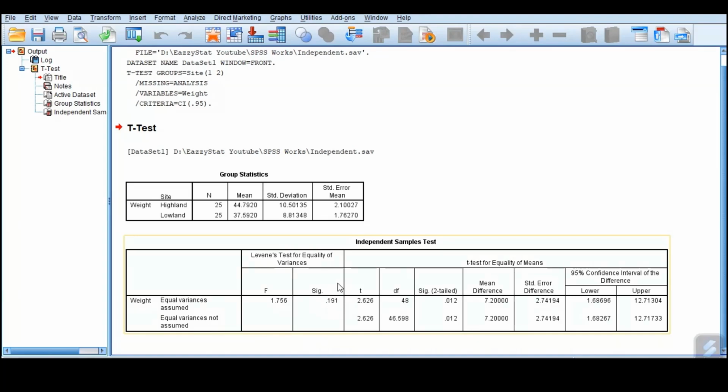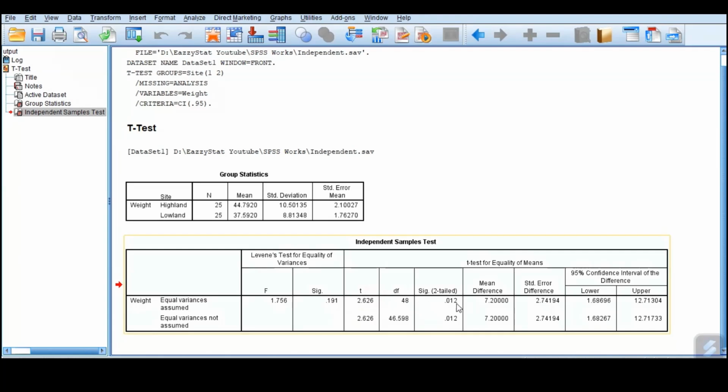Our null hypothesis is that both groups have equal variances, so we fail to reject the null hypothesis and say both groups have equal variances. So we can proceed and use our t-test here.